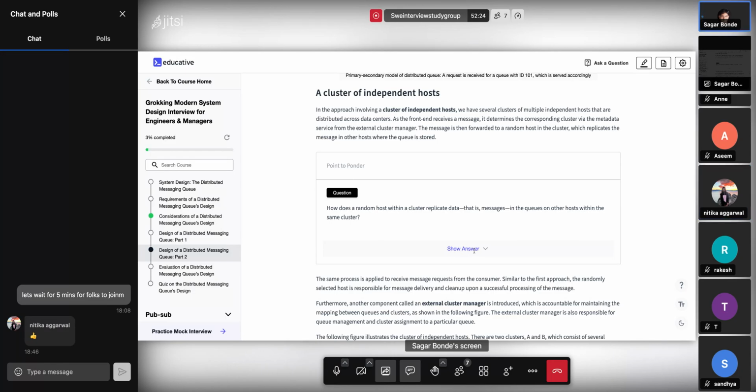Any guesses? I think each host will have some map or something. Do they again use the external cluster manager for that? Any more guesses?